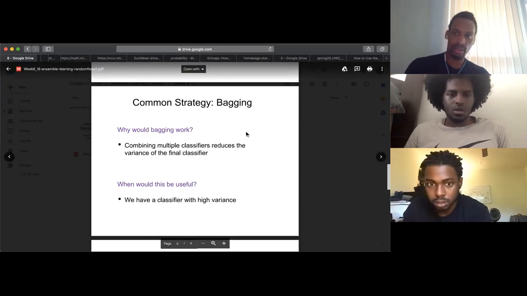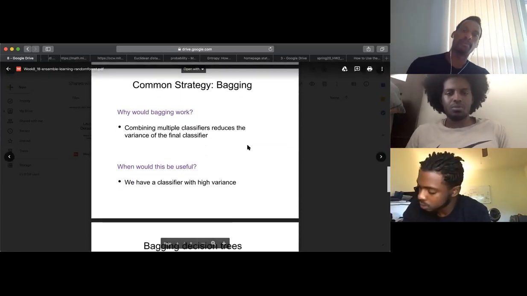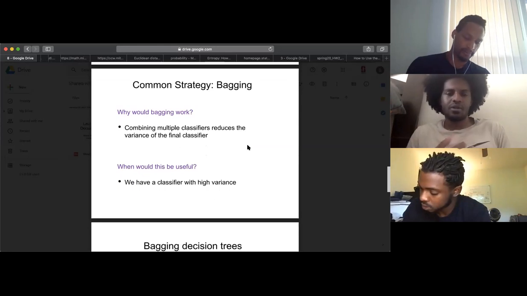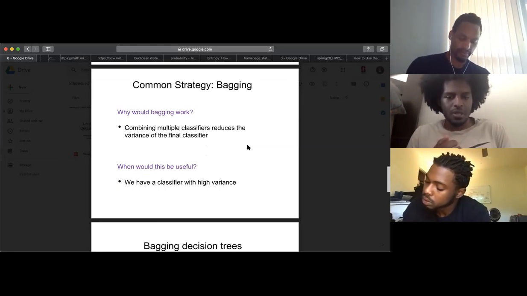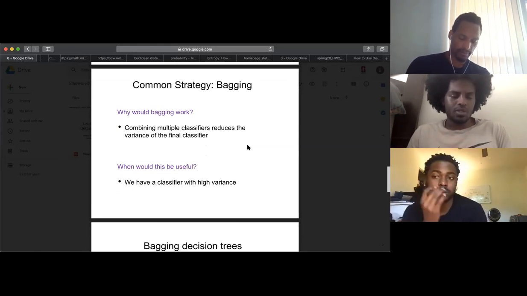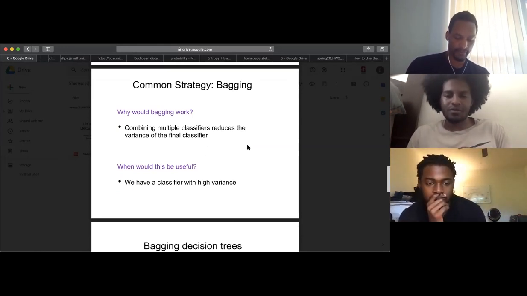And so bagging is combining multiple classifiers, and you're reducing the variance of the final classifier. Why would this be useful? When you have a classifier with high variance.